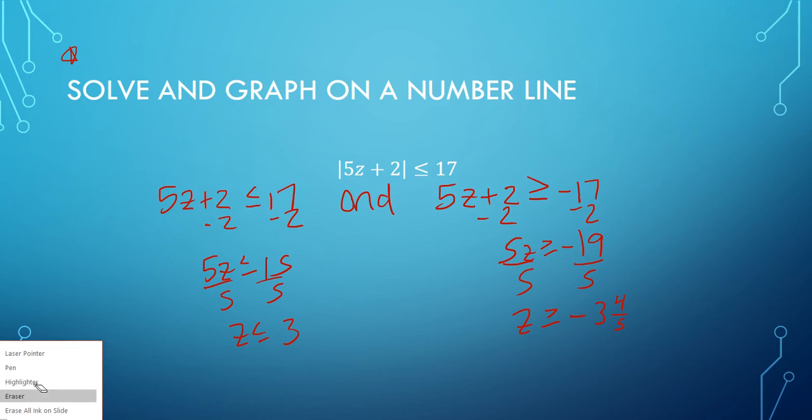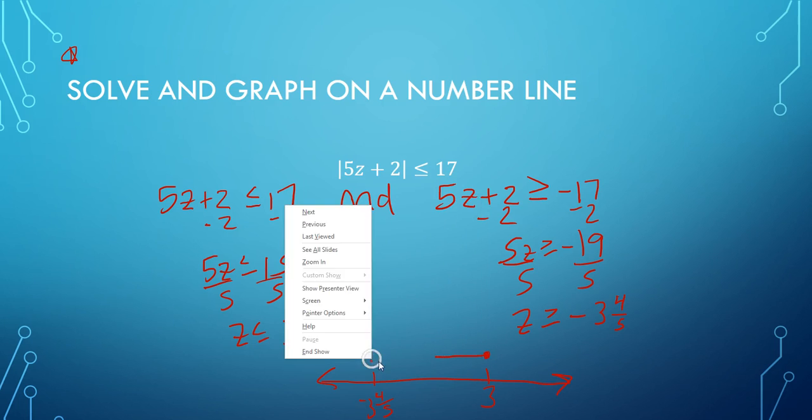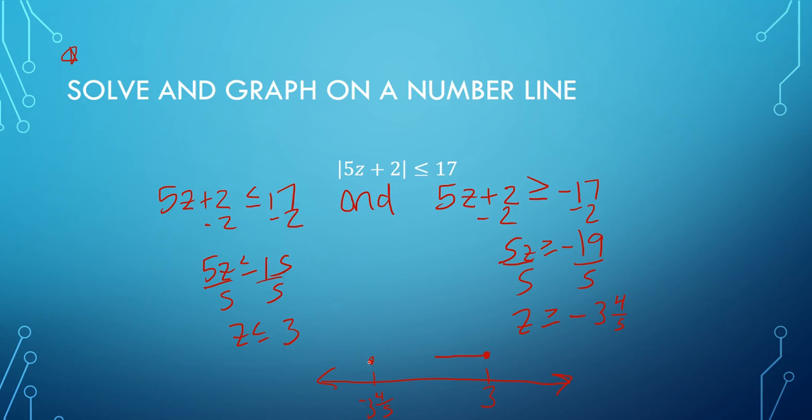Oops, I did not mean to erase the whole thing. Negative 3 and 4/5 is smaller, so make sure that's first. 3 is larger. Let's see, less than or equal to 3. That's to the left. Greater than or equal to negative 3 and 4/5. That's to the right, so that's good. They'll overlap then in the middle. Perfect.